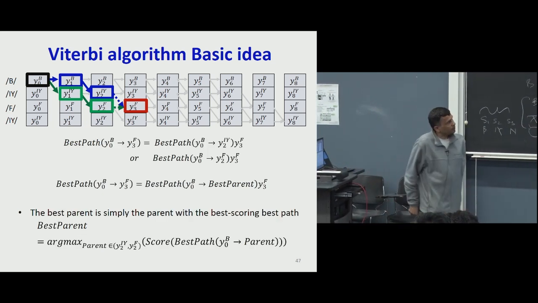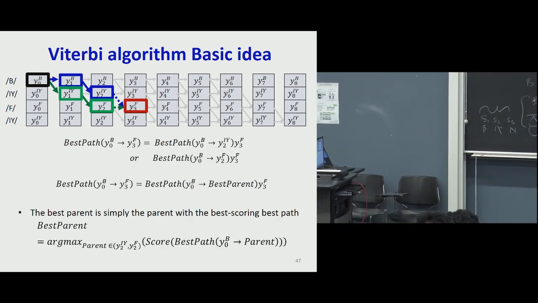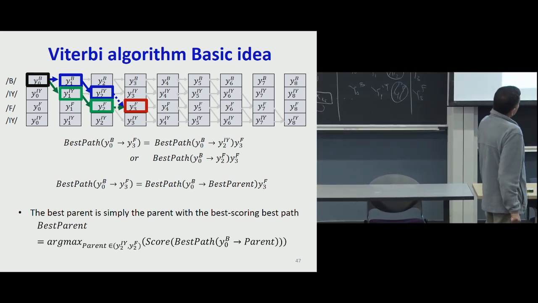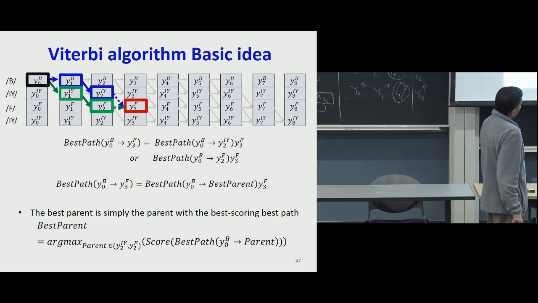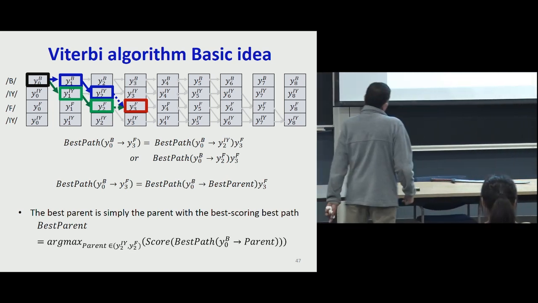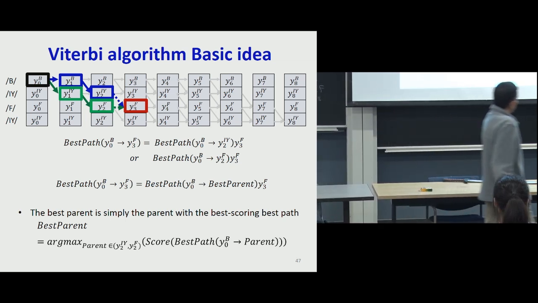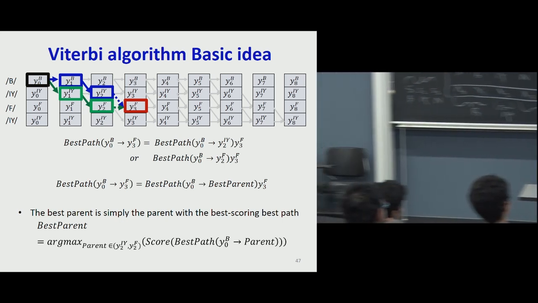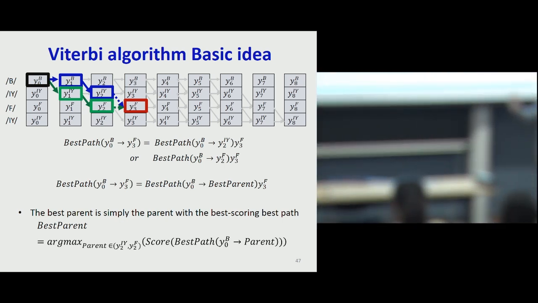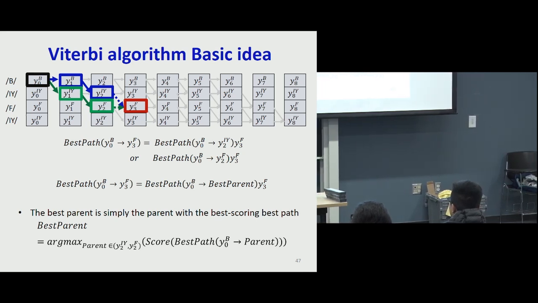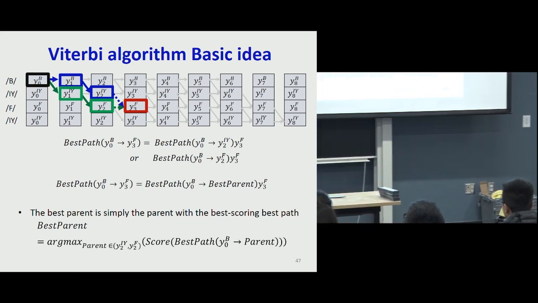The best path from the source to any node in the graph is going to be the extension of the best parent, where the best parent is simply going to be the parent for whom the best path probability is highest. So it looks kind of ugly, but if you actually write it down in code, it's much simpler.